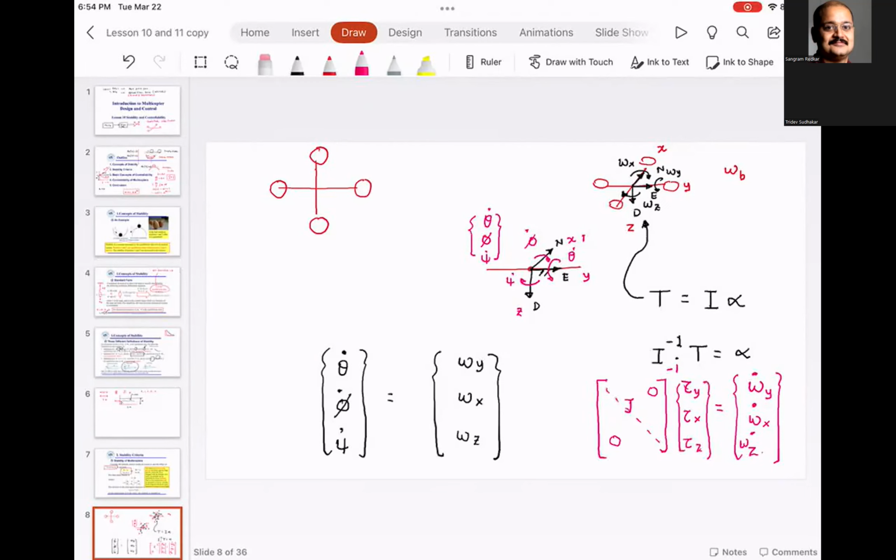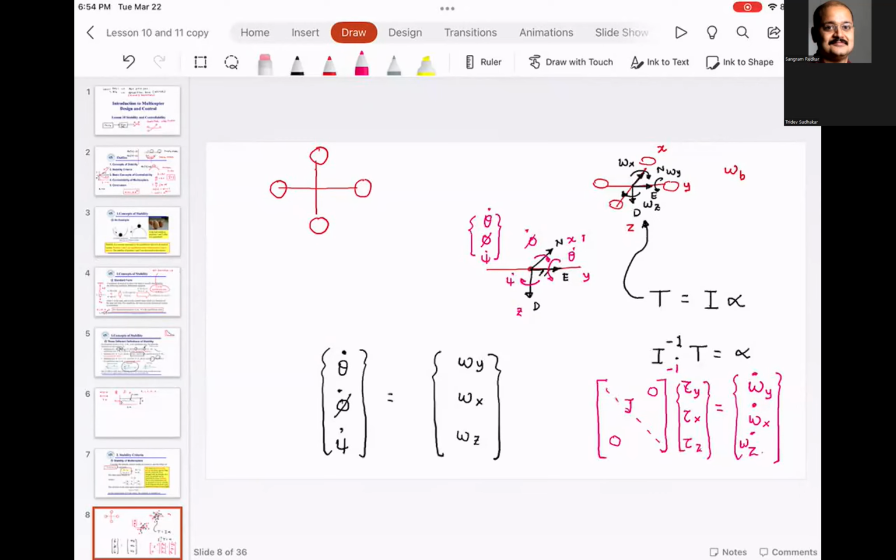I have the derivative and I know the inertia properties, so I can find out the values of torque that need to be applied. In other words, by designing a suitable controller, I can actually stabilize this whole dynamics. Everyone understood this?